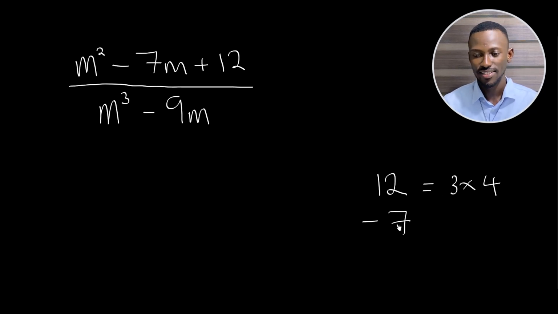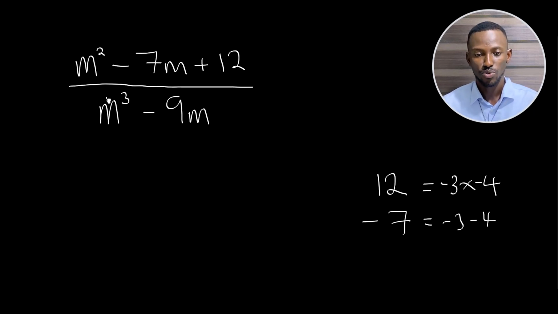But here's the interesting thing: this 7 is negative 7, not positive 7. So the pair of numbers will be negative 3 and negative 4, because negative 3 times negative 4 is positive 12, but negative 3 plus negative 4 gives you negative 7.